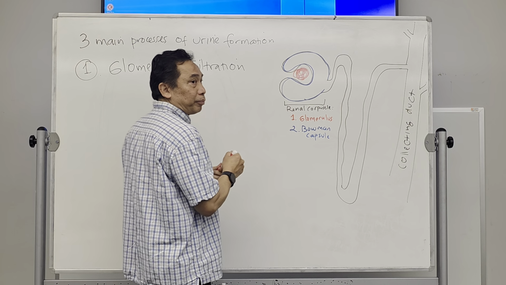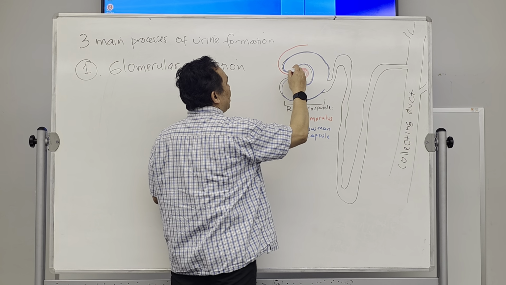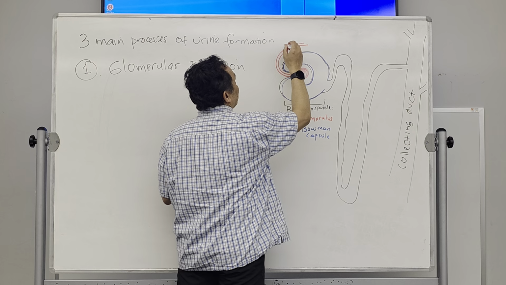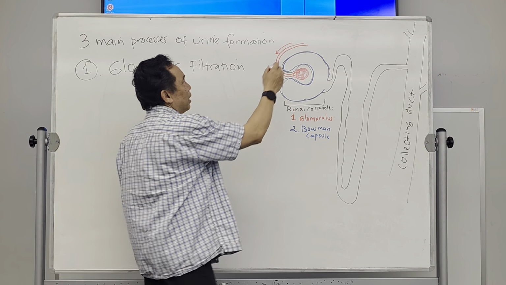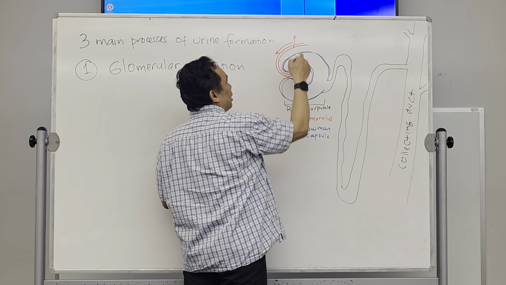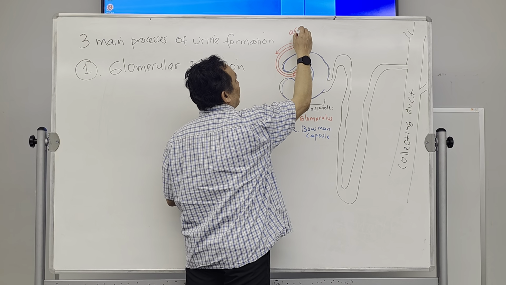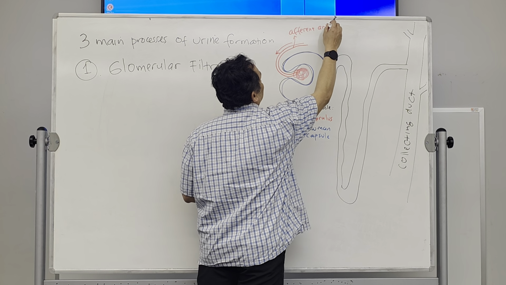And remember the blood vessel coming into this glomerulus. It's going this way. The blood vessel that enters the glomerulus starts with A, so it's going to be the afferent arteriole.